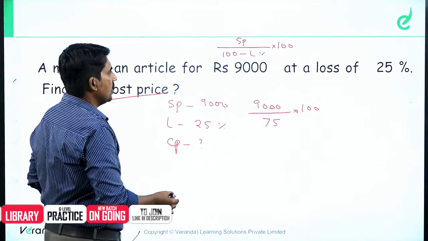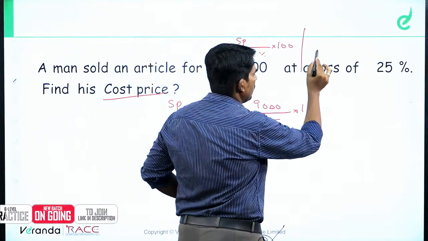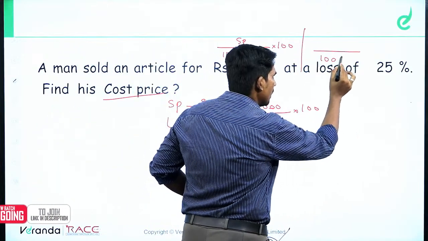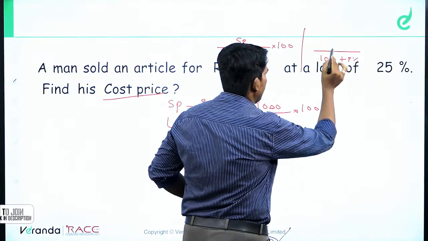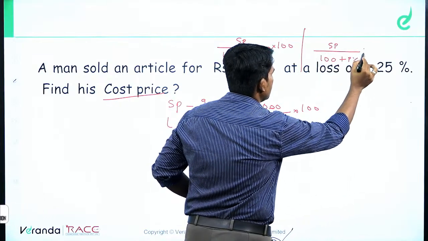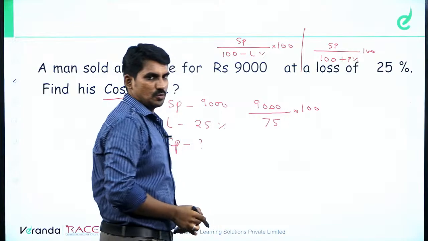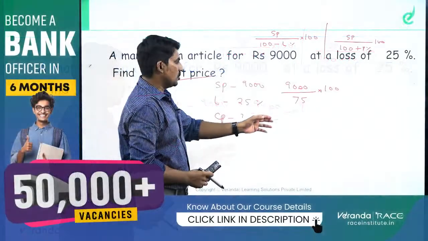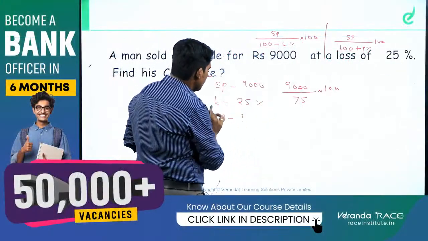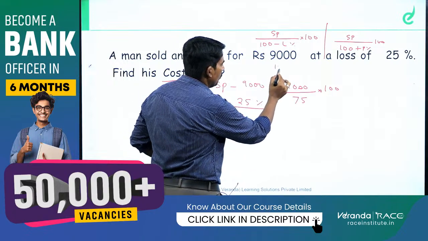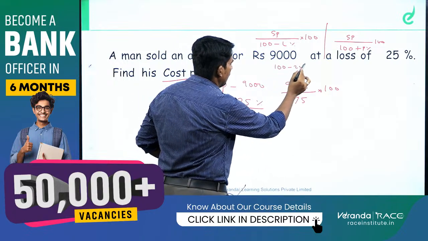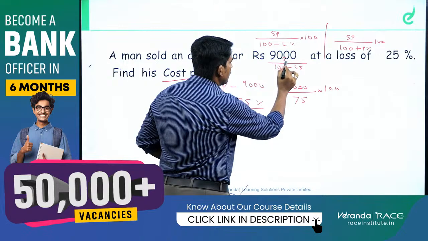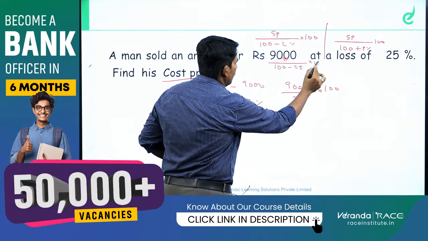In case profit is given, with 100 we have to add the profit percentage, that is the selling price. What is 100? We will get the cost price. Same formula we are substituting. In this question loss is given, therefore 100 minus 25 is the selling price, then what is 100?